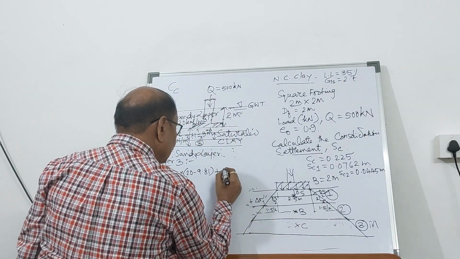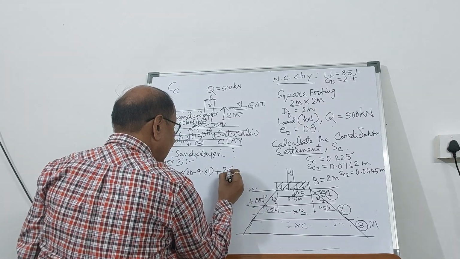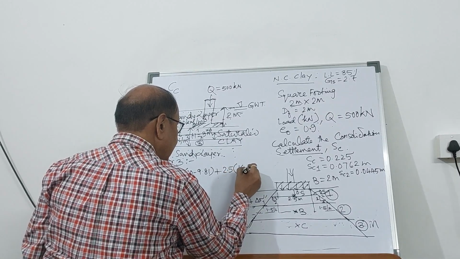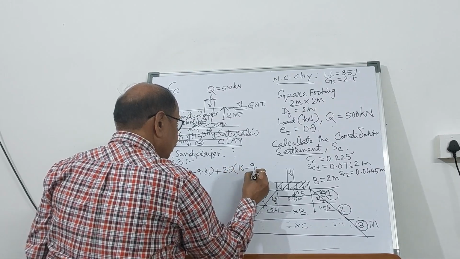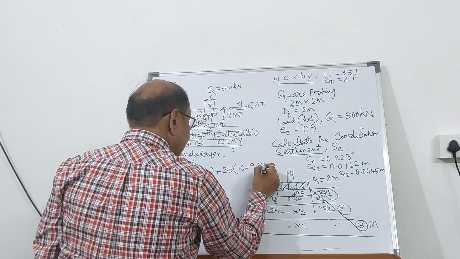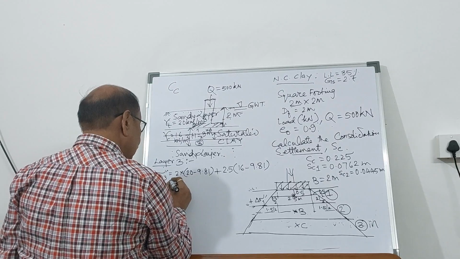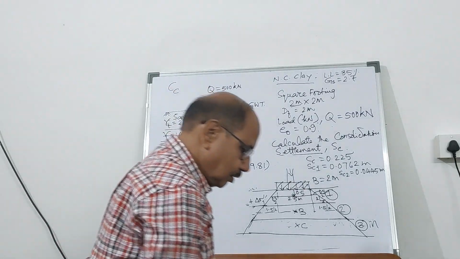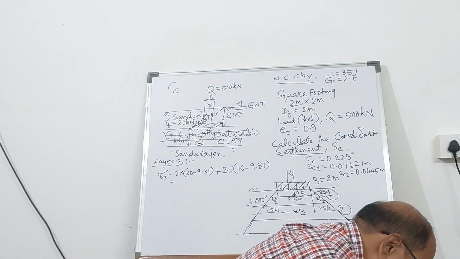So it becomes 2.5 meter. 16 is the total saturated unit weight of clay minus 9.81. So if you calculate this, you get the effective overburden pressure.